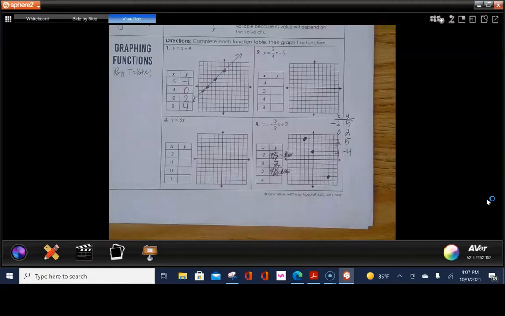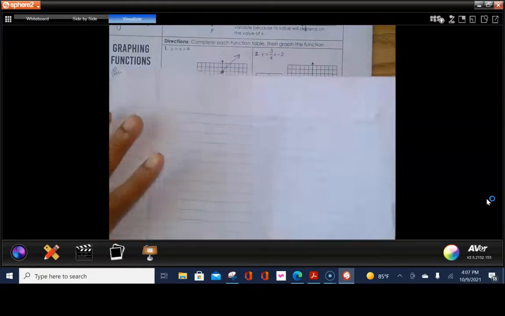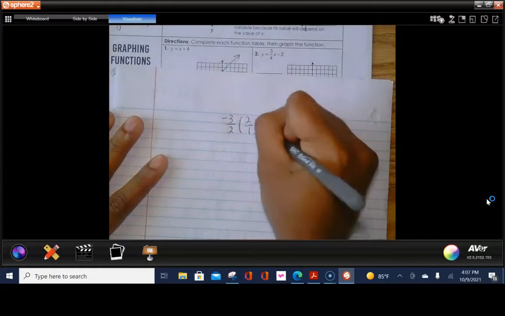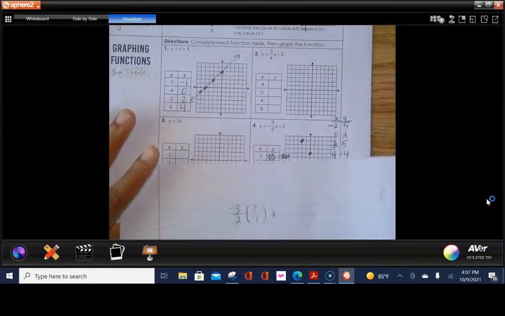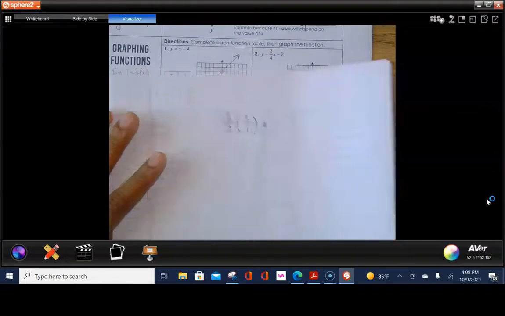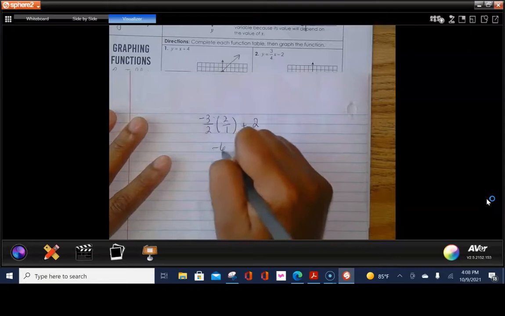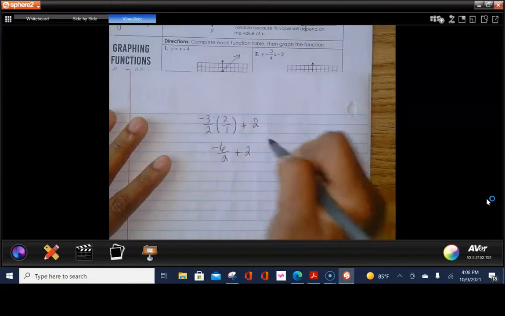So let me check my arithmetic real quick on what happens when I plug in 2. Oh, it was a negative, that's why. So I had negative 3 over 2 times 2 over 1 plus 2. Okay, so negative 6 over 2, there it is. I see it now.